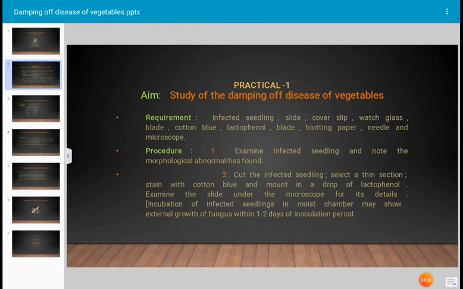We have inoculated the infected material into the plate, and then we have incubated. After incubation, observe the plate every day, and you will get small thread-like growth from the infected plant part. Make a slide and observe the pathogenic organism.